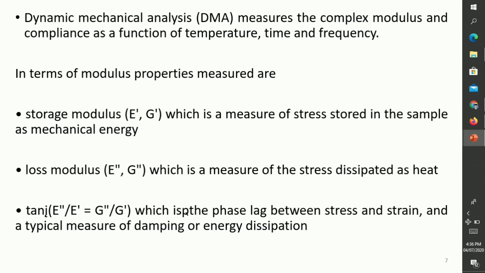Number 3 is tan delta, which is E double prime over E prime, equal to G double prime over G prime, the phase lag between stress and strain and a typical measure of damping or energy dissipation.